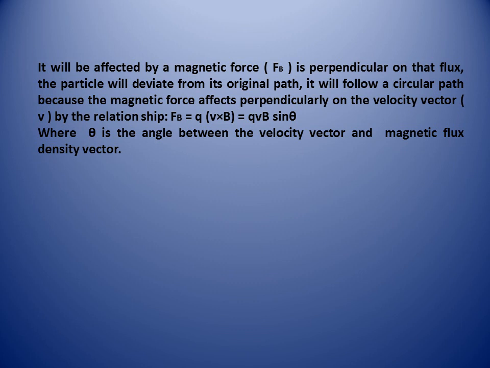The particle will deviate from its original path. It will follow a circular path because the magnetic force affects perpendicularly on the velocity vector by the relationship: magnetic force equals charge multiplied by the cross product between velocity and magnetic flux density.